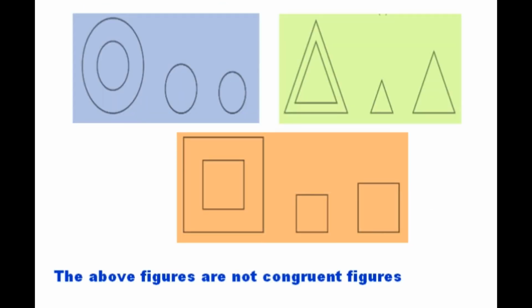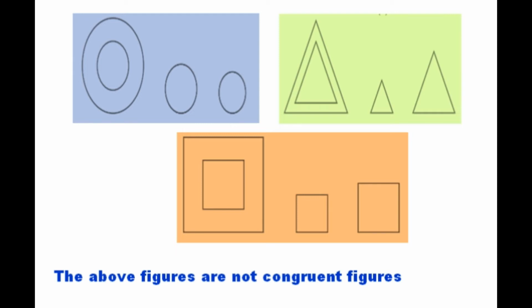Next you see these three diagrams. The first one has circles having different radii. The second one has equilateral triangles having different sides. The third one has squares with different sides.